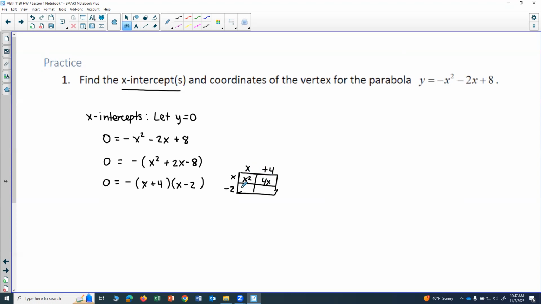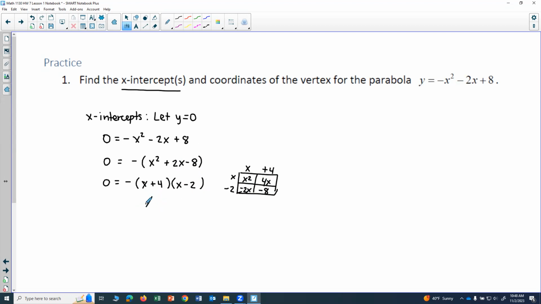In the third box, I have negative 2 times x, so minus 2x. And then in my fourth box, positive 4 and negative 2 gives me a minus 8. So when I add my like terms, 4 minus 2, I get the plus 2x. So I've checked to make sure that I've factored correctly by multiplying it out.